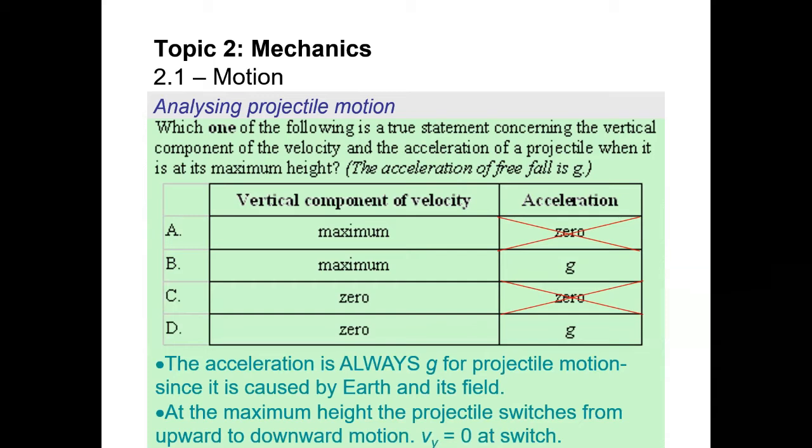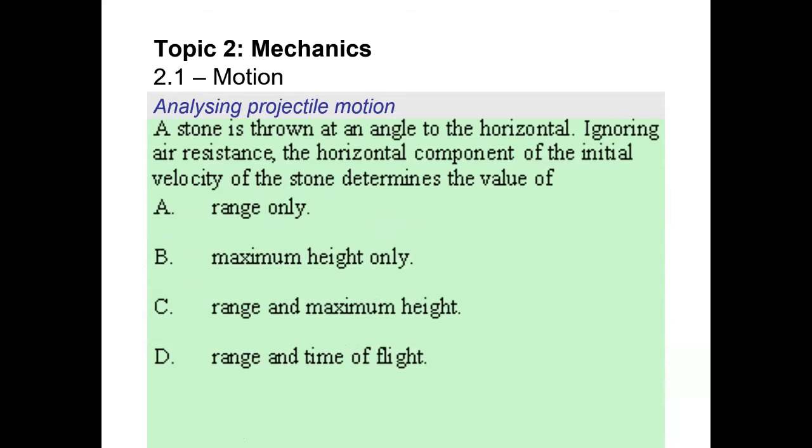At the maximum height, the projectile switches from upward to downward motion. So velocity in y component equals 0. Correct answer is D.